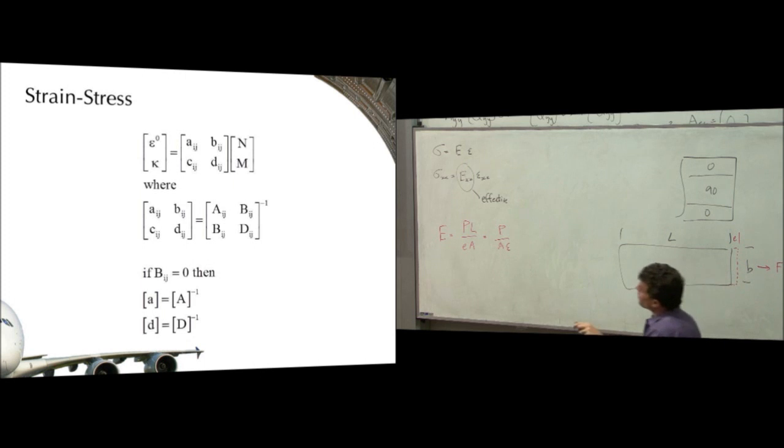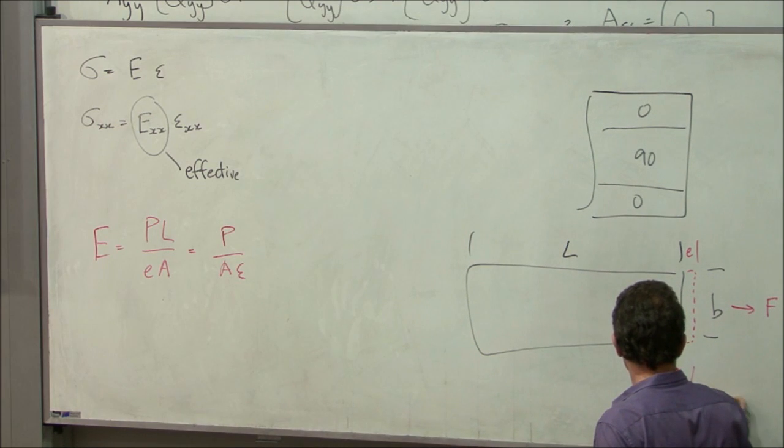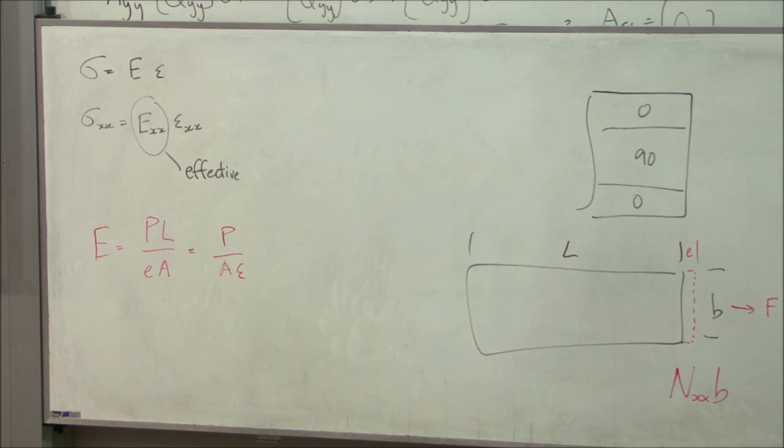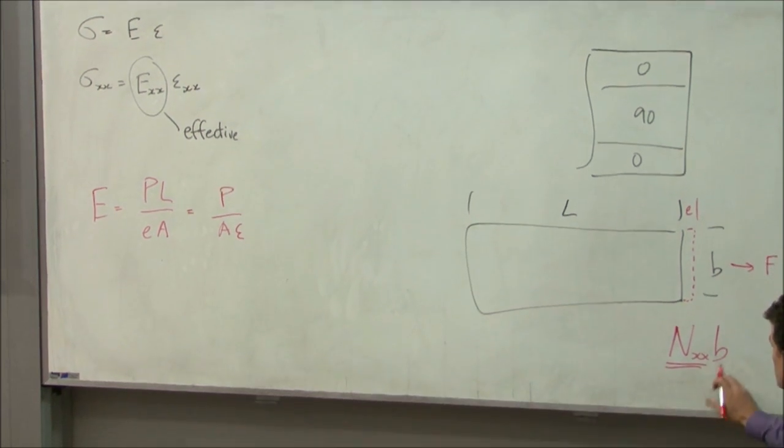If we apply the force, we've got Nxx times b is the force that we're applying. Okay, this is force in the x direction per unit width, and this is the width.